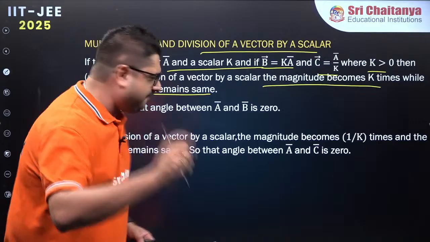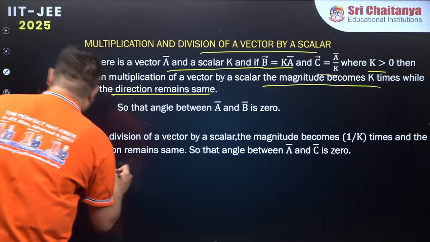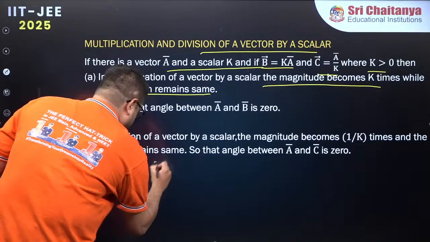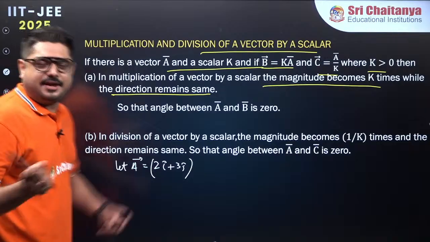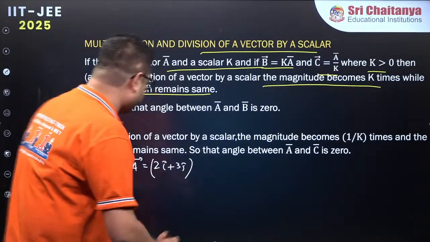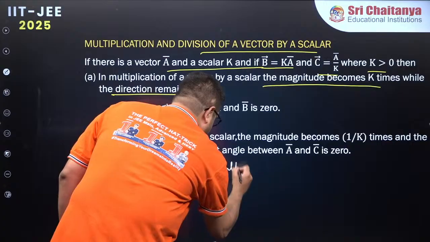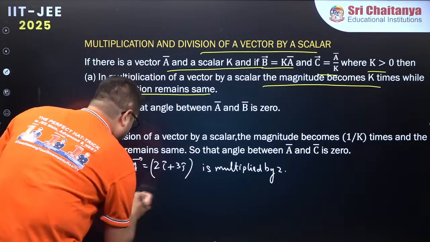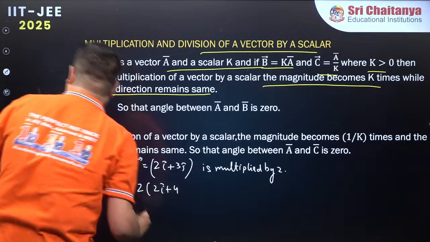What they are trying to say is, if I have any vector, let's say A vector is equivalent to 2i cap plus 3j cap, as an example. We have already encountered such situations previously. If I multiply it by 2, the operation is going to be 2 into 2i cap plus 3j cap, isn't it?